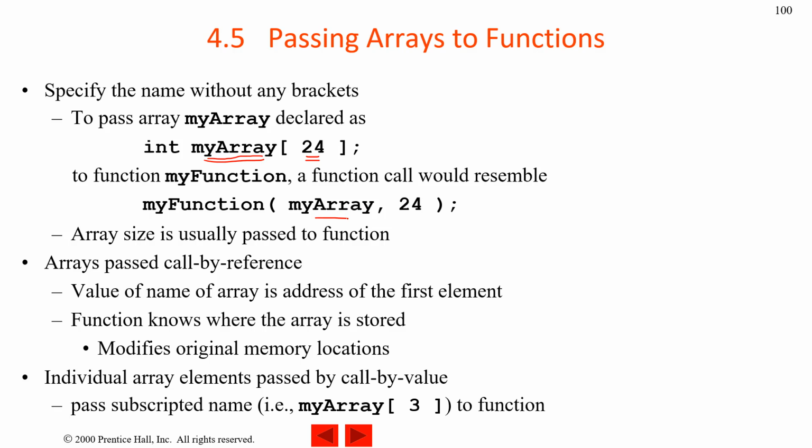The name of the array is separate, the size is separate. So I don't need to pass this from a syntax point of view, but if I don't pass this, how am I going to make sure in the function that I don't cross the limit of this?